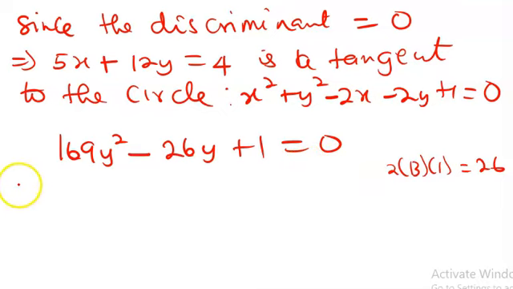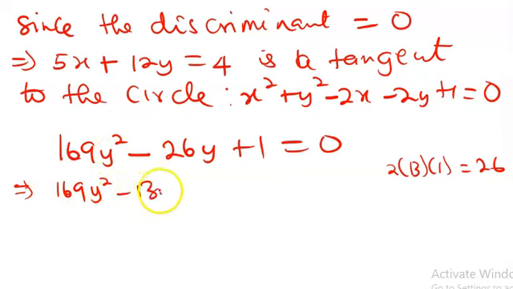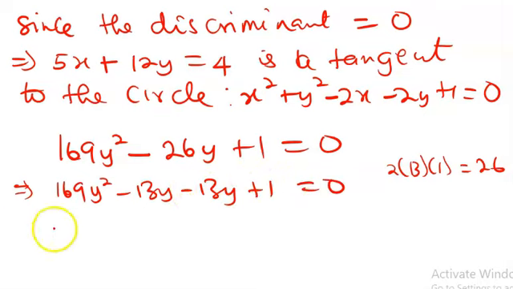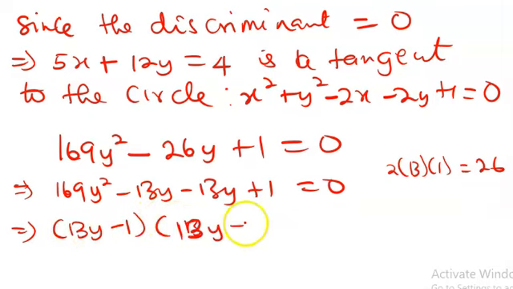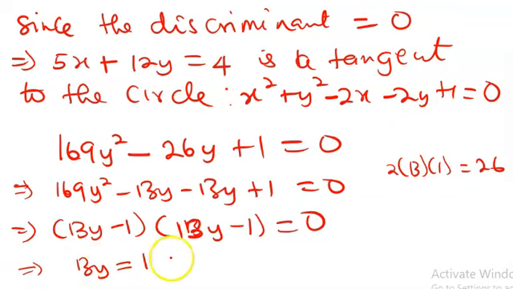Yes. So in solving, when we have 169y squared minus 26y plus 1 is equal to 0, it means that we have (13y minus 1) times (13y minus 1) is equal to 0. Now this is a perfect square, which means that we can take 13y minus 1 is equal to 0, which implies that y is equal to 1 over 13.